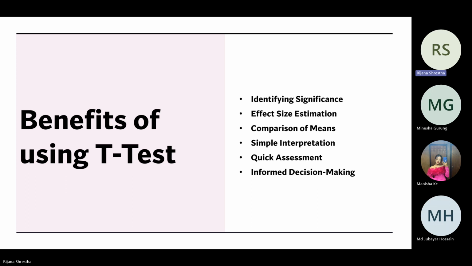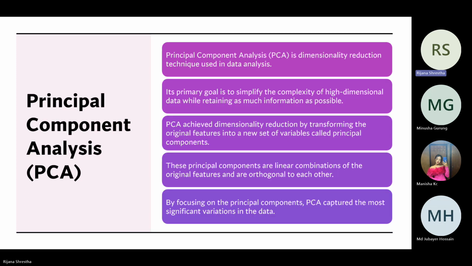And for data wrangling, we have used principal component analysis. This is because PCA helps to reduce dimensionality and complexity of high dimensional data while retaining as much information as possible. So with this, we could select the most significant data efficiently. And now Rijana will explain the results and conclude the presentation.